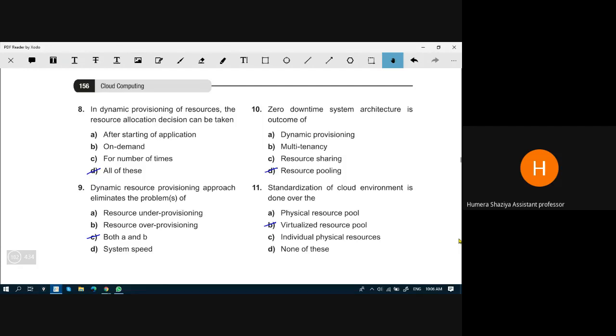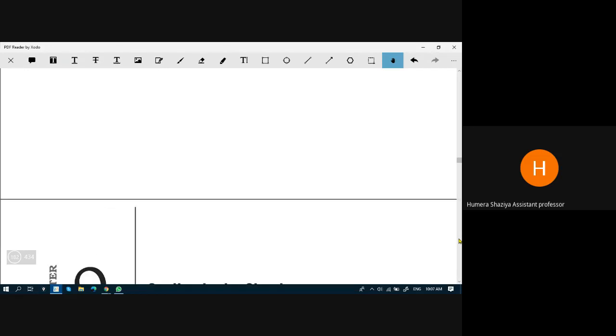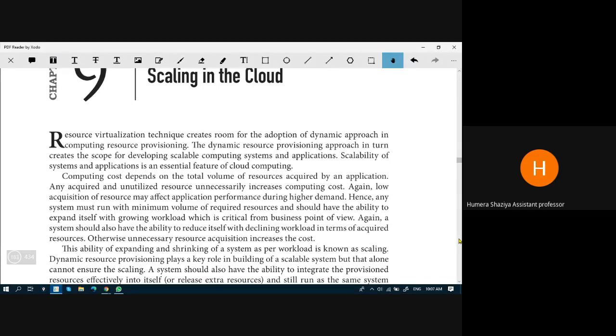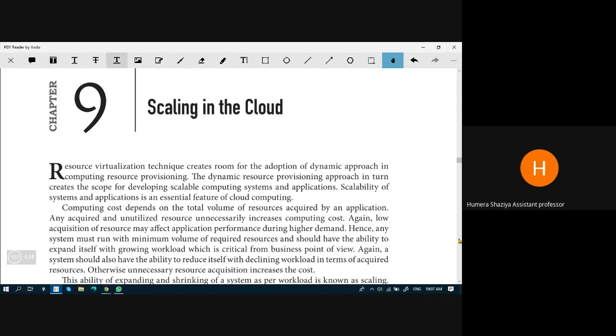Today's chapter of discussion is scaling in the cloud. Can anyone tell me what you mean by scaling? What is the meaning of scaling and why is it necessary?